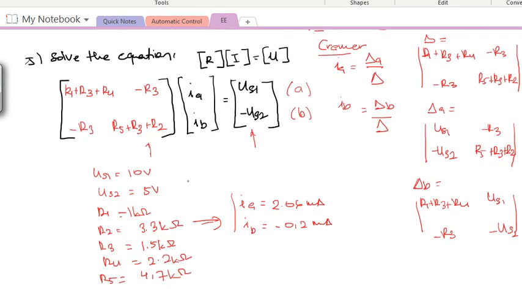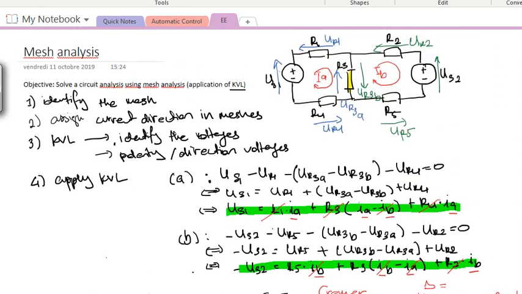Just a remark: if you look at the value of IB, it is minus 0.2 milliampere. It means that when we decided at the beginning that the direction is clockwise, the calculation shows that actually the direction is not clockwise.